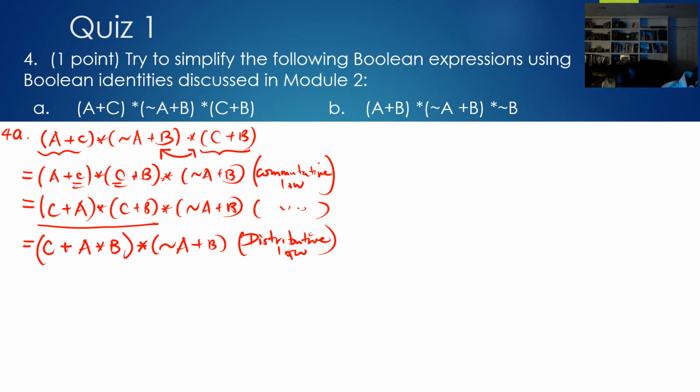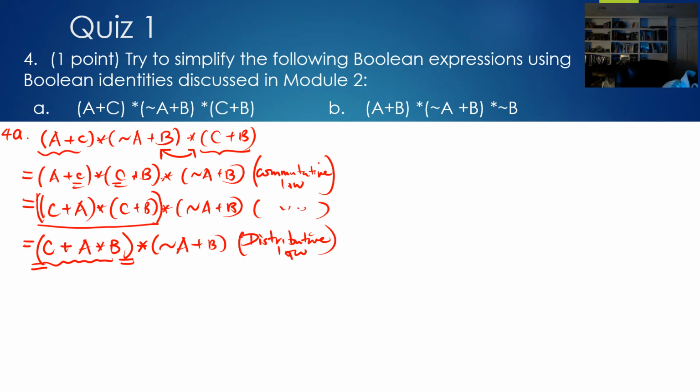Now a lot of people forgot these parentheses, because when you do the distributive law, you have to make sure the result is in the parentheses. Why?